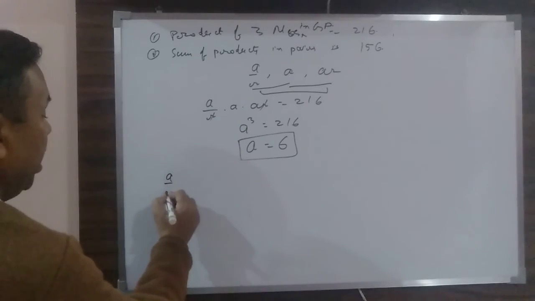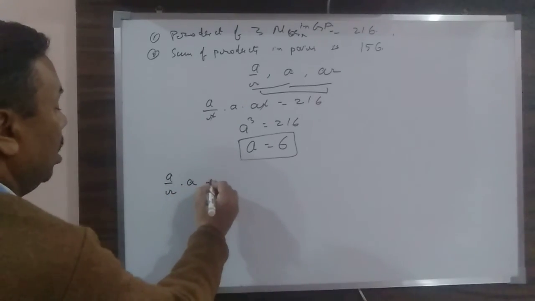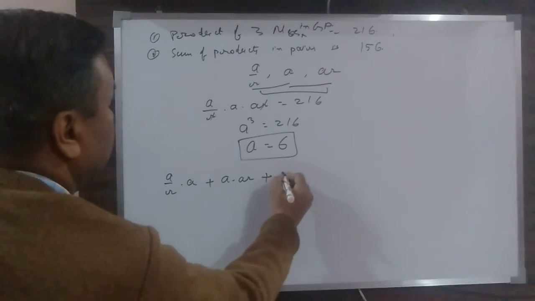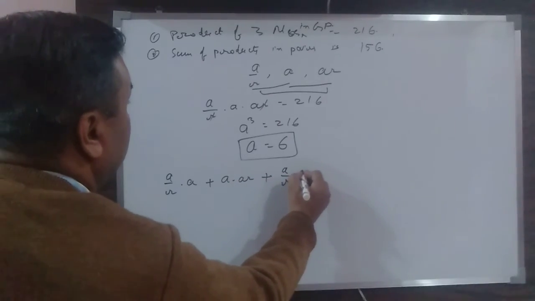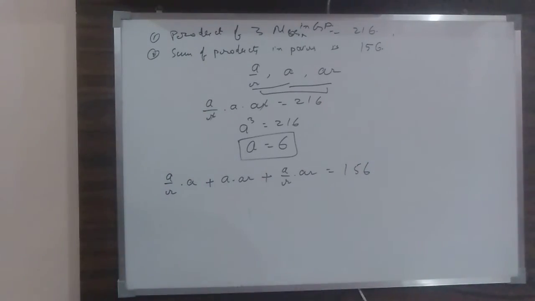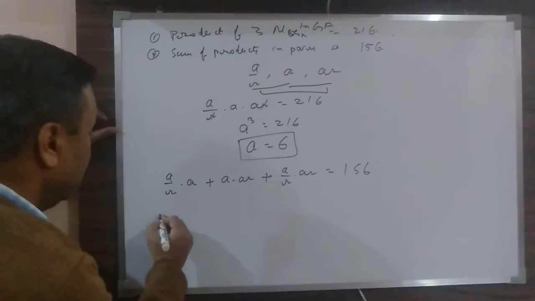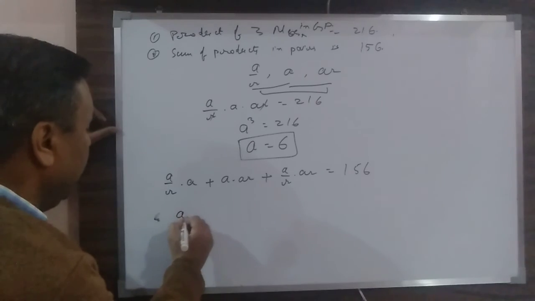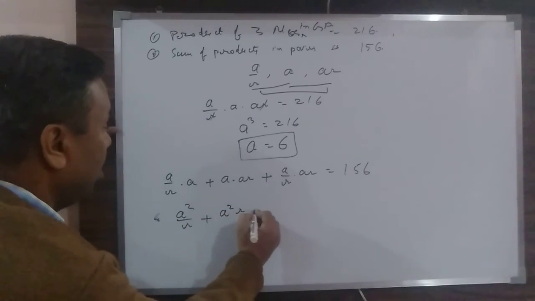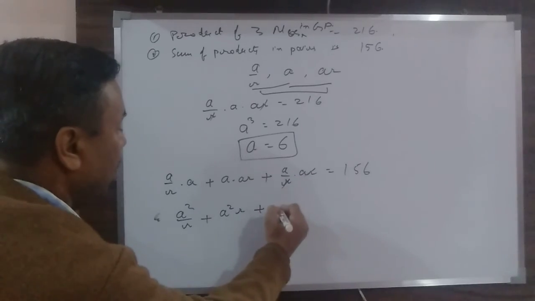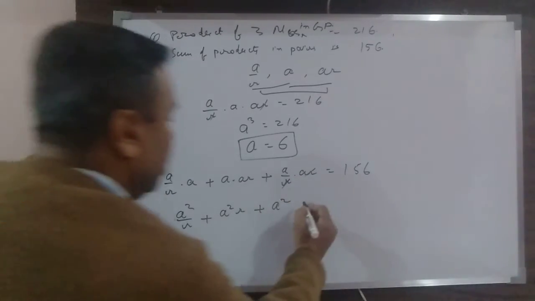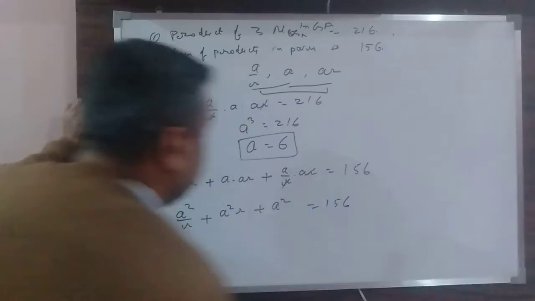So a by r into a plus a into ar and plus a by r into ar, that is equal to 156. Okay, so there I get a square by r plus a square r and plus a square. Got it? This is equal to 156.